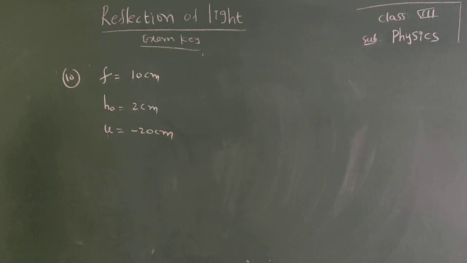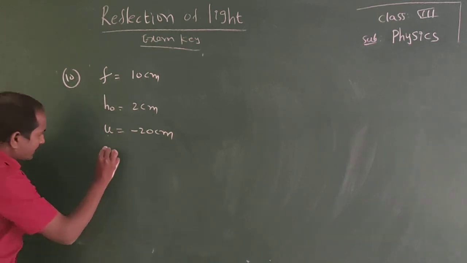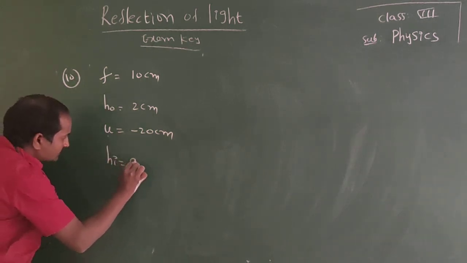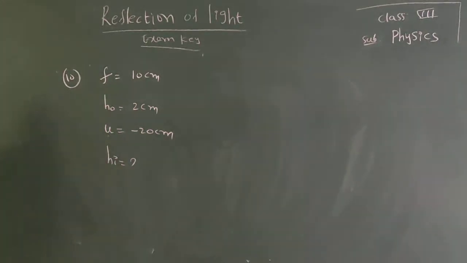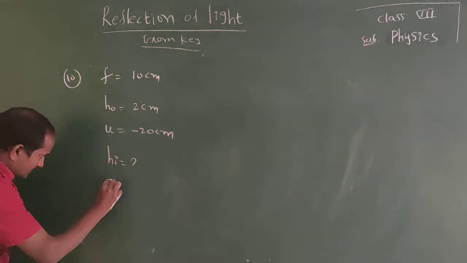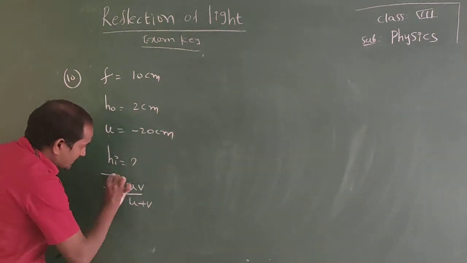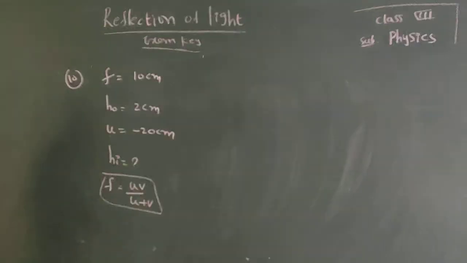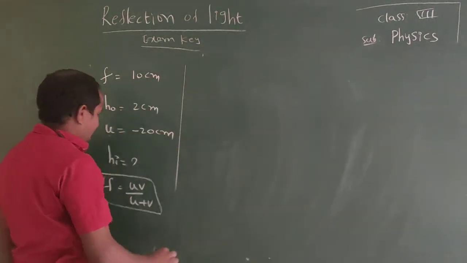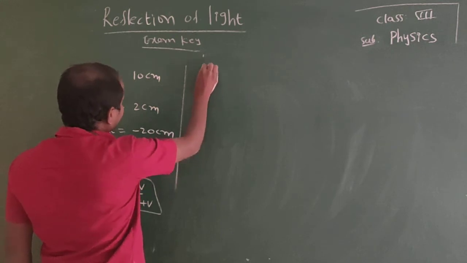Our aim is to find the height of the image, hi. From f and u we can find the v value, using f equal to uv by u plus v. From this relation we can find v. It is easy.